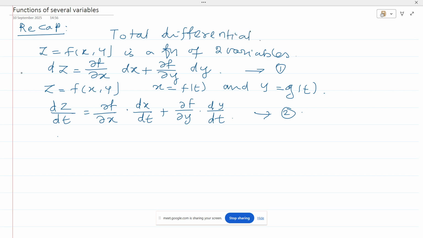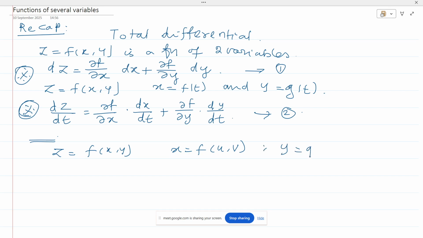See, problems will come based on these two formulas. And then one more important formula is there. If z is a function of x comma y, x is a function of u comma v, and y is one more function of u comma v.